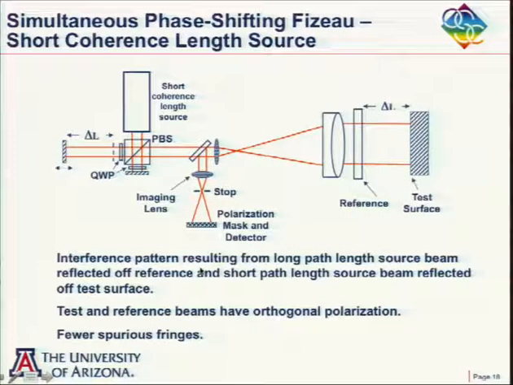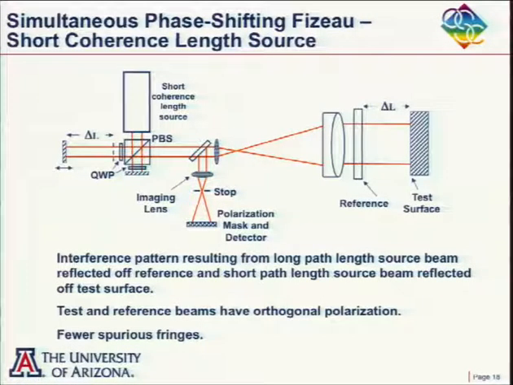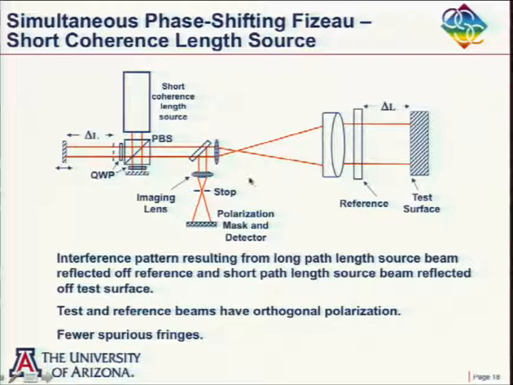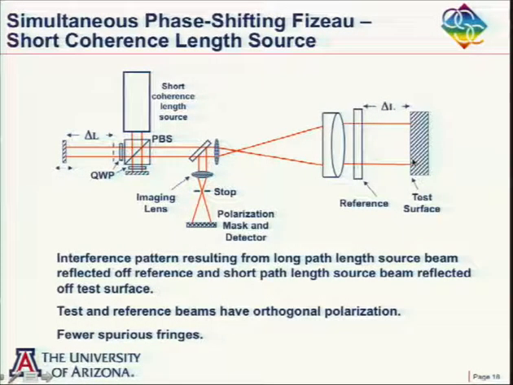And if I think here for a second, let's read this down here. The interference pattern from the long path source beam, so that's this one here, reflected off the reference, and the short path length source beam reflected off the test.